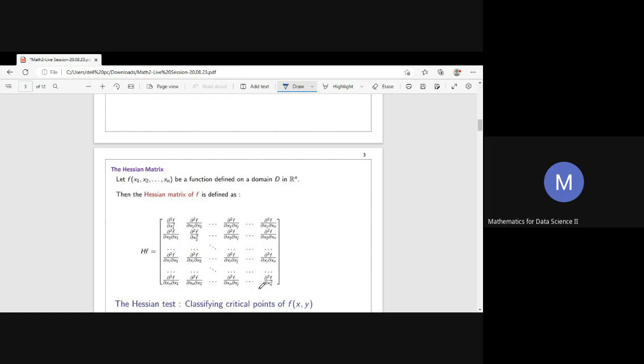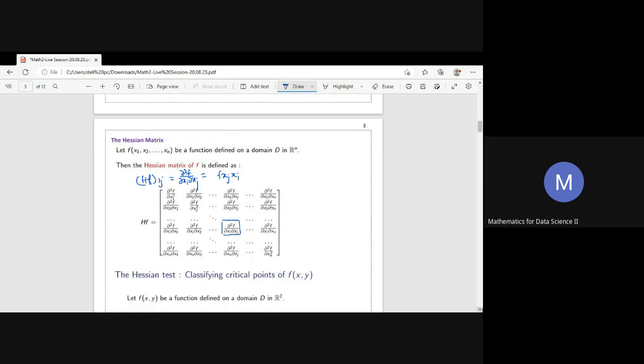The ijth entry of the Hessian matrix is nothing but del square f by del xi del xj, which is equal to f xj xi. So by finding all the second order partial derivatives and filling them in this particular form, this matrix is called the Hessian matrix.